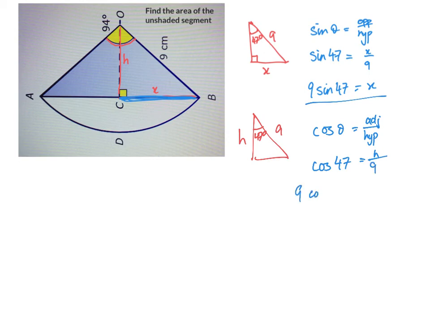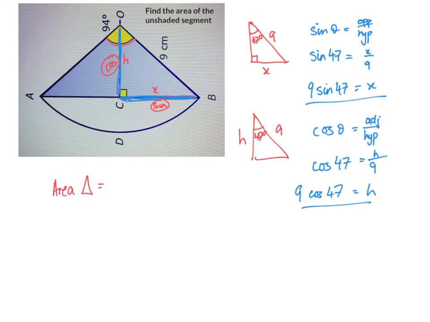And so 9 cos 47 is equal to this height. So this height here is equal to whatever length the radius is times the cosine of 47. Okay, so in this case, you'll use cosine to find the height, and you're going to use sine to find the length.